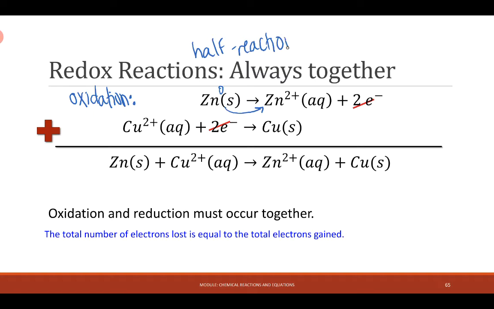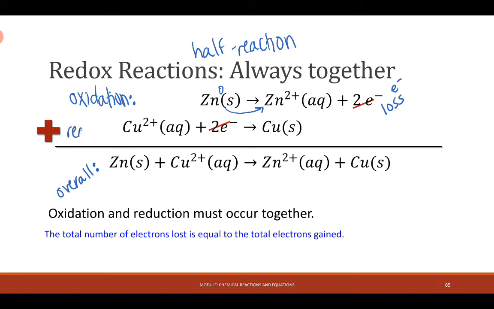The overall equation can be split into 2 different half reactions to show how many electrons are being lost or gained. And so you will always have an oxidation half and a reduction half, and they will add together to give you the overall. We can also tell that this is an oxidation half reaction because electrons are lost.